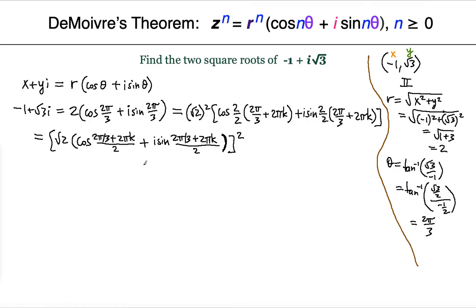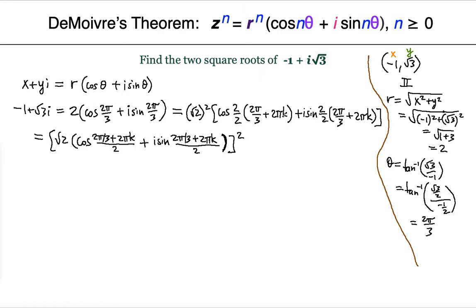So what that does, I'm going to explain to you what happened. Square root 2 was squared, so it gave us the 2, as you can see. This 2 over 2 did not change anything because 2 over 2 was still 1 multiplying this angle. Same thing for the sine.